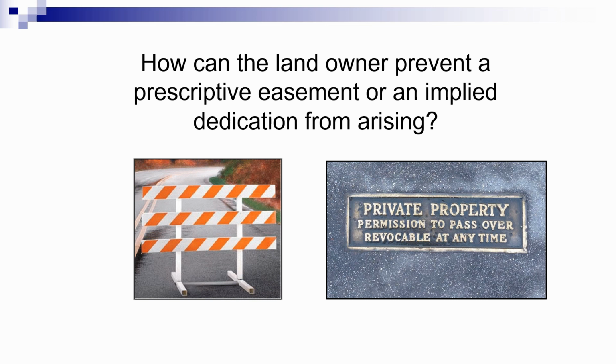So the permission is granted by the little sign. It could be revoked in the future. In effect, it gives the public a license to use the property, but that license could be revoked. If there's a license, then no prescriptive easement will ever arise, and probably no implied dedication either.